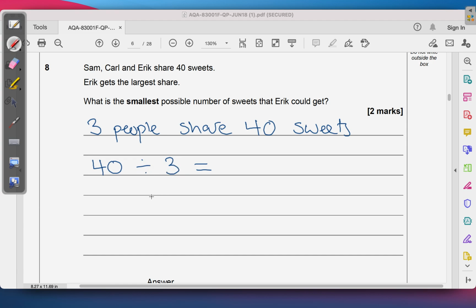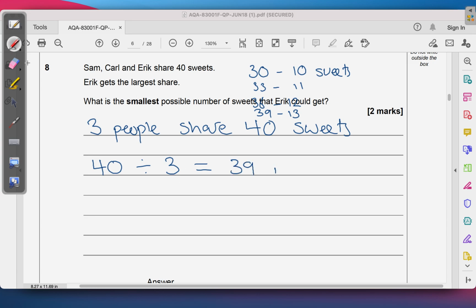40 divided by 3, we do our 3 times table. We get to 30, which is 10 sweets each. Then we get to 33, which would be 11. We get to 36, which would be 12. 39, which would be 13, and then we've got 1 left over. So the answer would be 39.